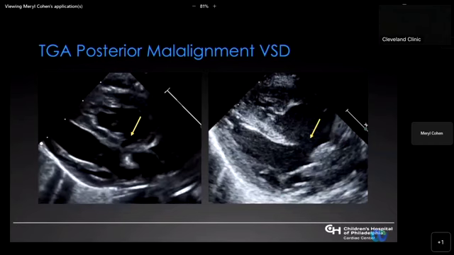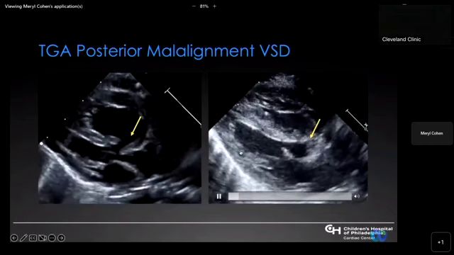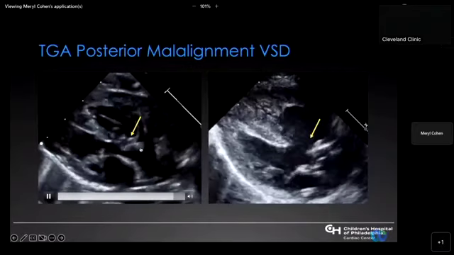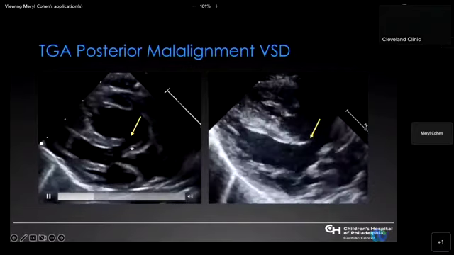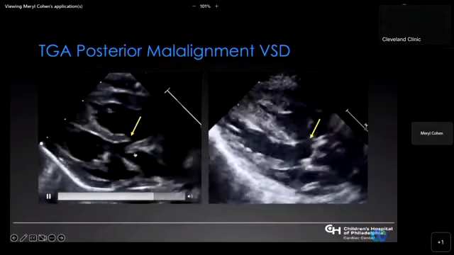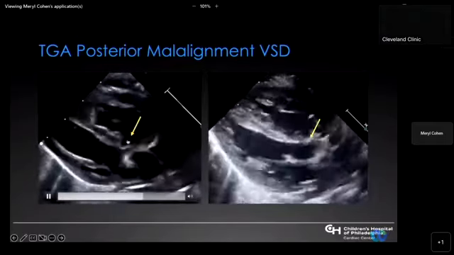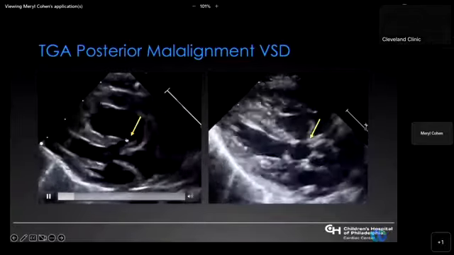And just to point out the difference between a patient who has an actual hunk of muscle in the conal septum malaligned versus not, you can see the muscle impinging on the left ventricular outflow tract and the pulmonary artery here, and that the VSD is rather small here.